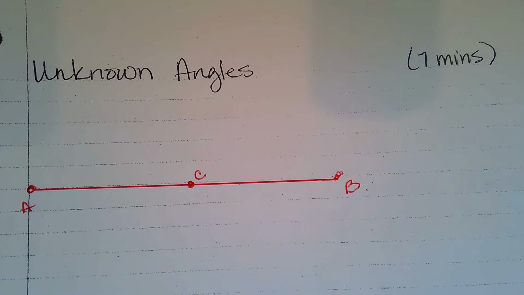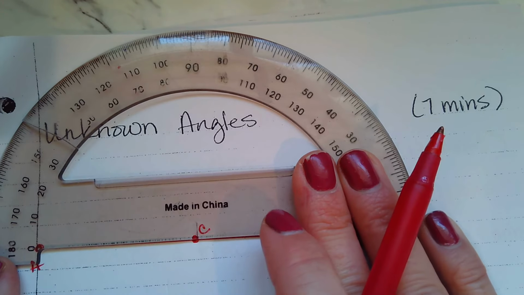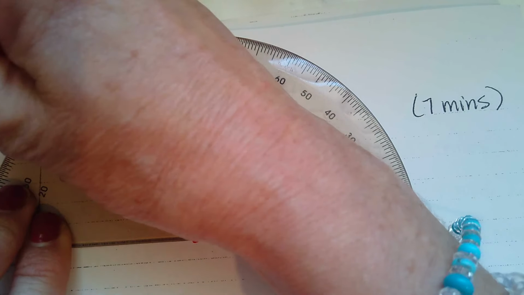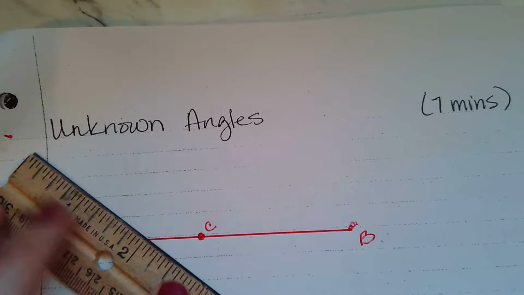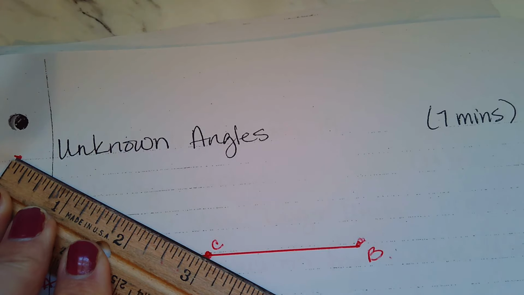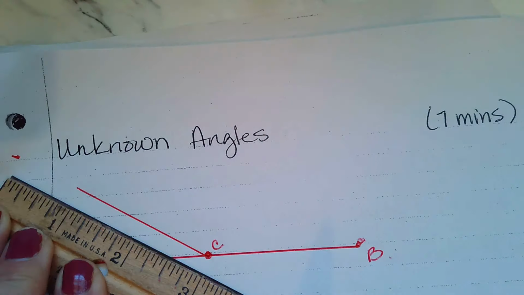Okay, so we're going to use our protractor and we're going to draw. I have to mark it way over here and then connect it. You can use the others. Now, you don't have to make it this long if you don't want to. I think I'm going to just make it this long.